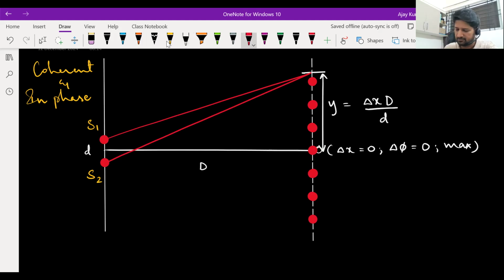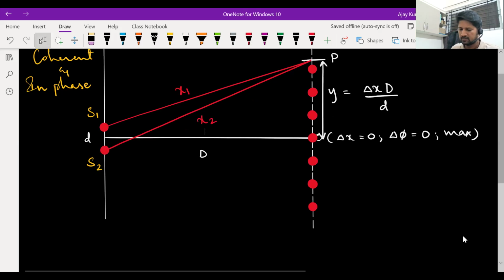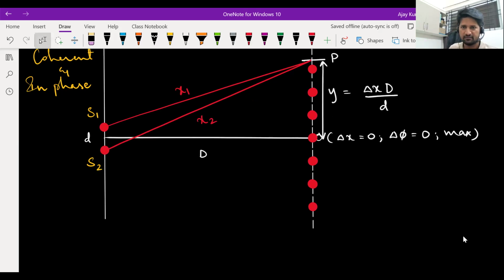Understand this carefully. Let's say the wave from S1 travels a distance x1 to reach that point. We can call the point P. And the wave from source S2 travels a distance x2 to get there. S1, S2, the sources are in phase, but because the waves travel different distances, they will arrive there with a phase difference.